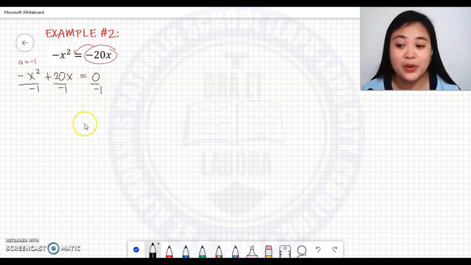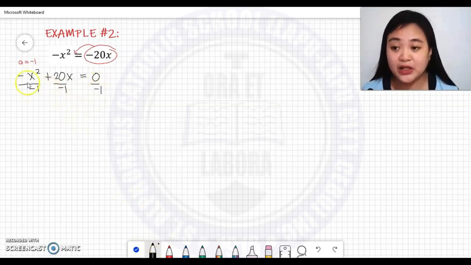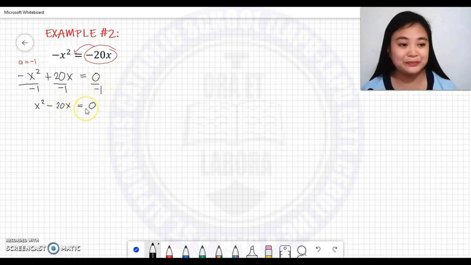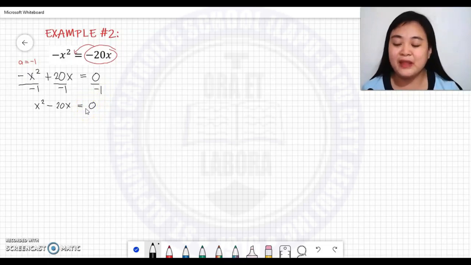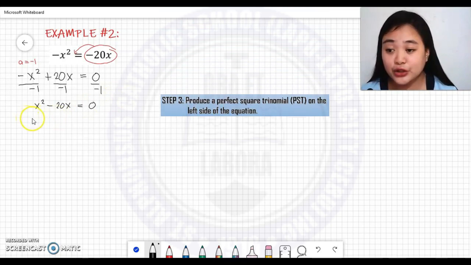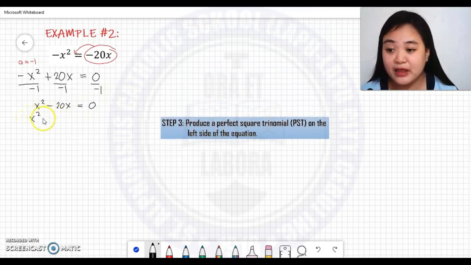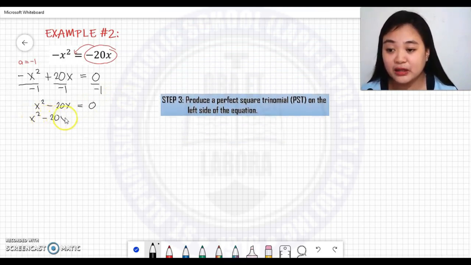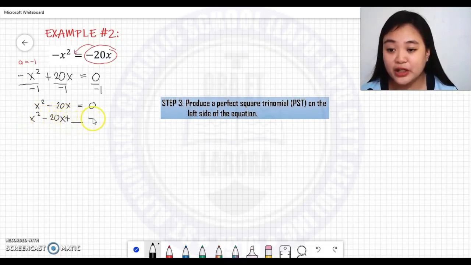So, after dividing by negative 1, it will now become positive x squared minus 20 divided by negative 1, that is minus 20x. And 0 divided by negative 1 is still 0. Okay, good. Now, the next step is we're going to find the third term to make this expression a perfect square trinomial.